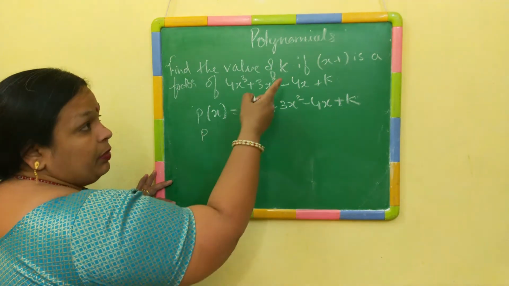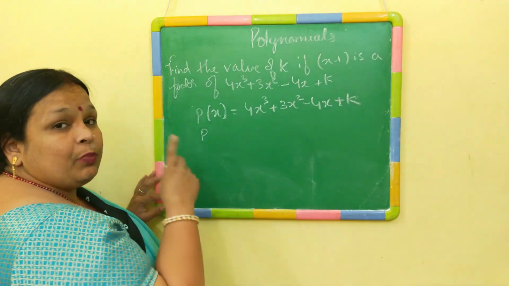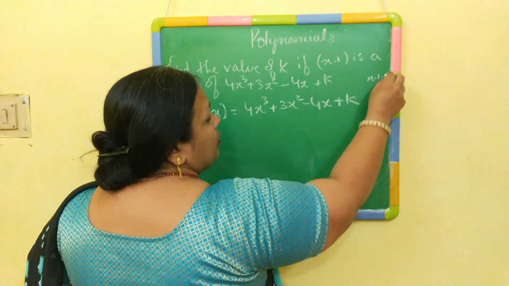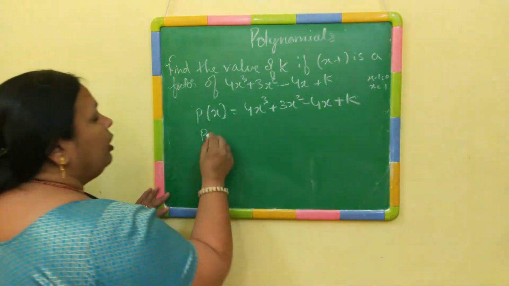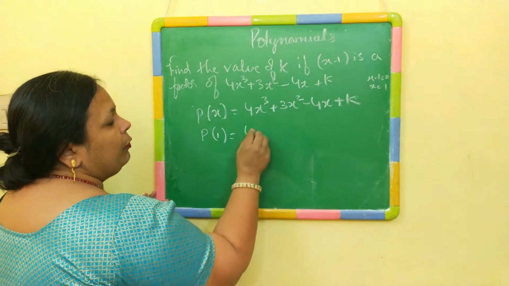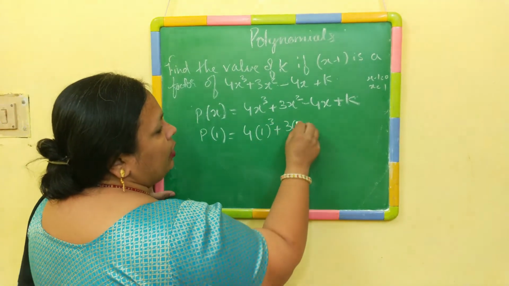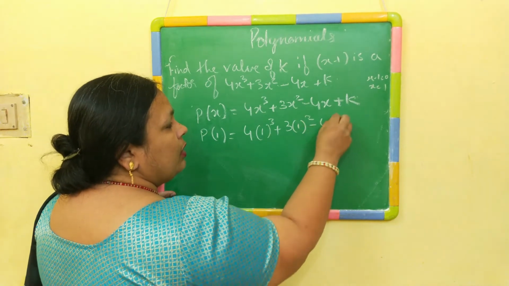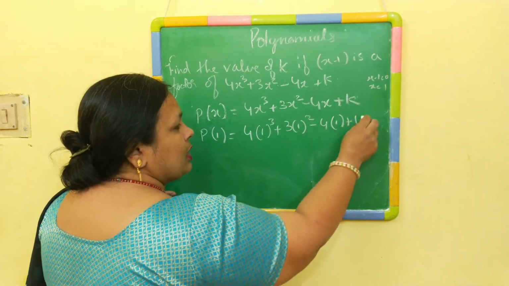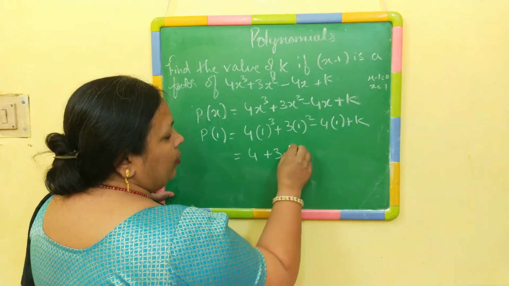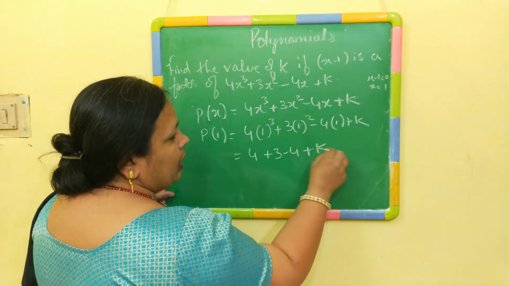And as x minus 1 is a factor, that means x minus 1 is equal to 0, x is equal to 1. So p(1) will be 4 into 1 cube plus 3 into 1 square minus 4 into 1 plus k, which comes as 4 plus 3 minus 4 plus k.